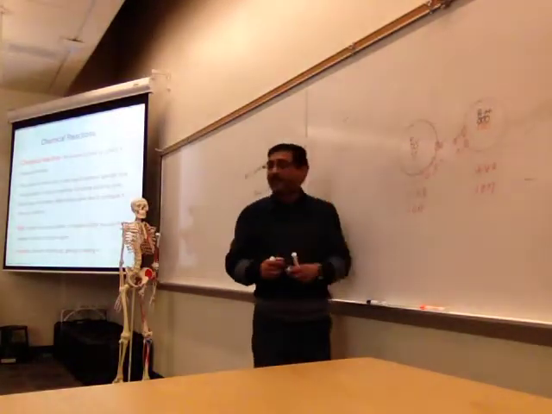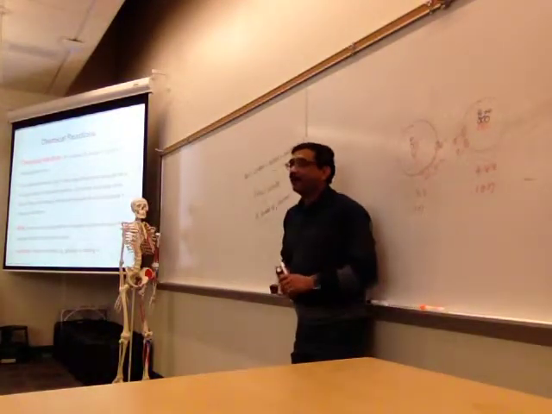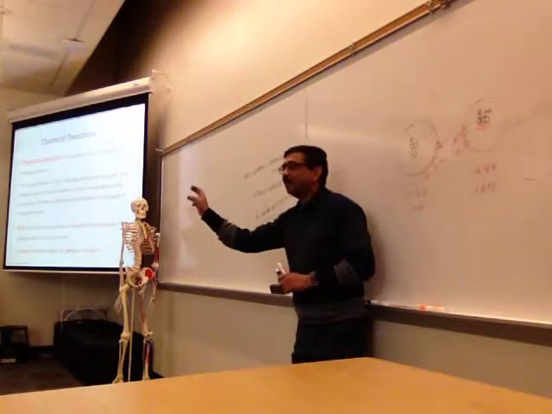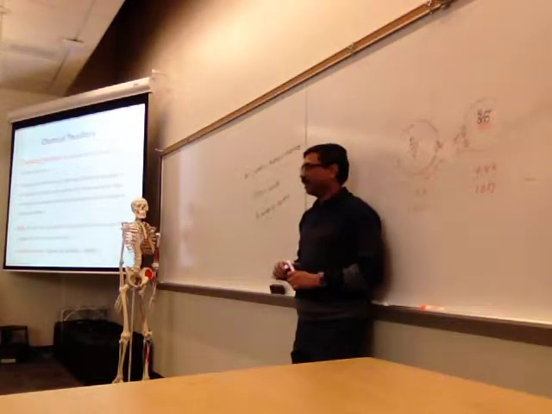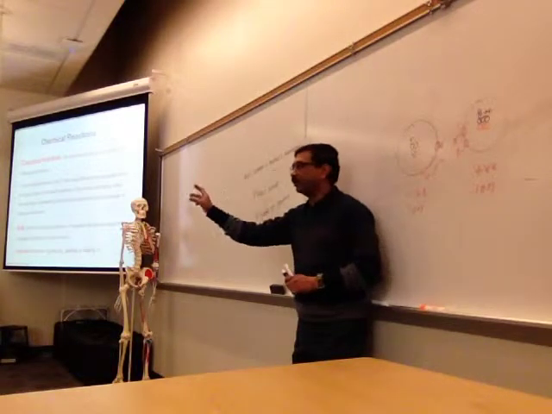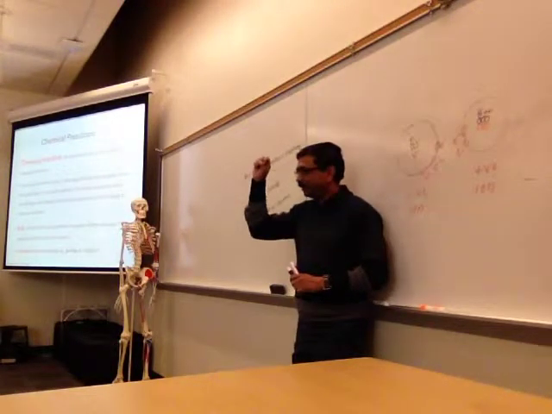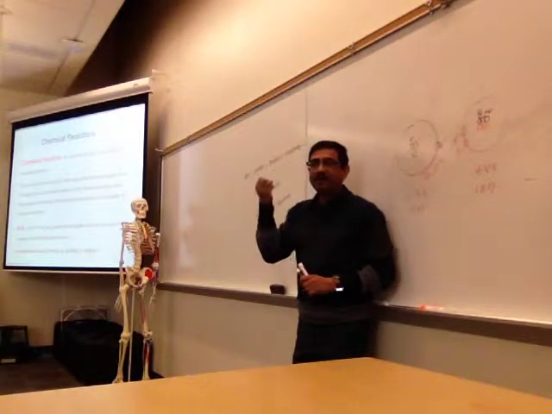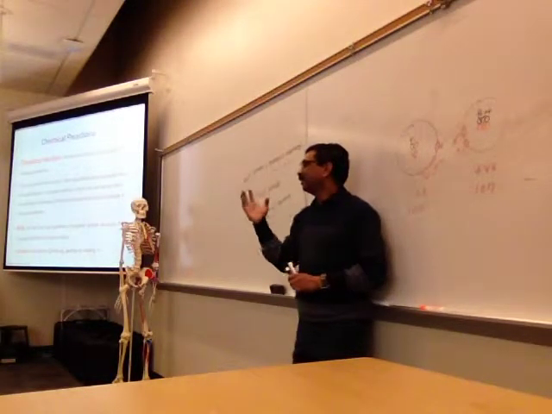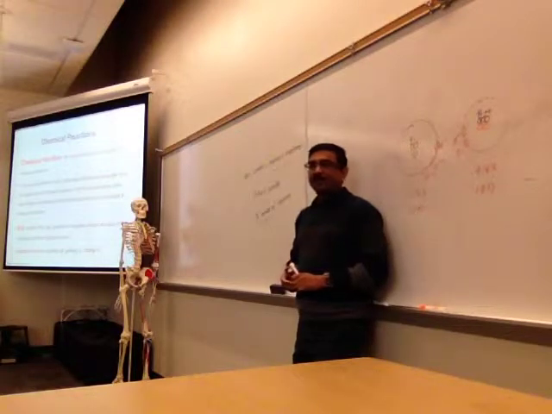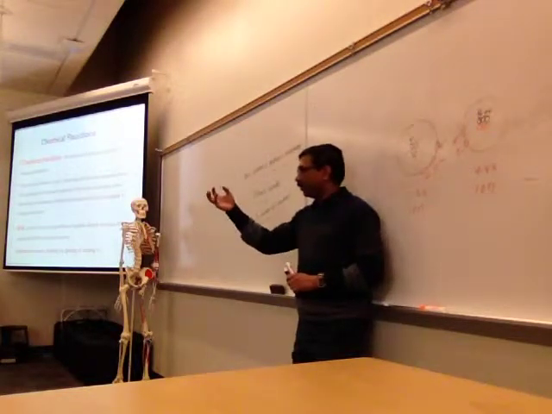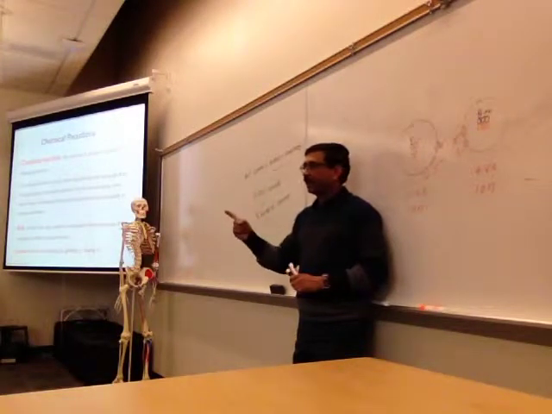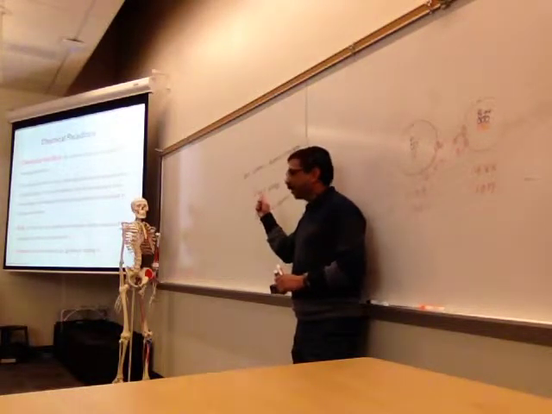So now if I ask you how an atom can become an ion, how is an atom converted to an ion? By gaining or losing electrons. Make sense? So by gaining or losing electrons, an atom becomes an ion.